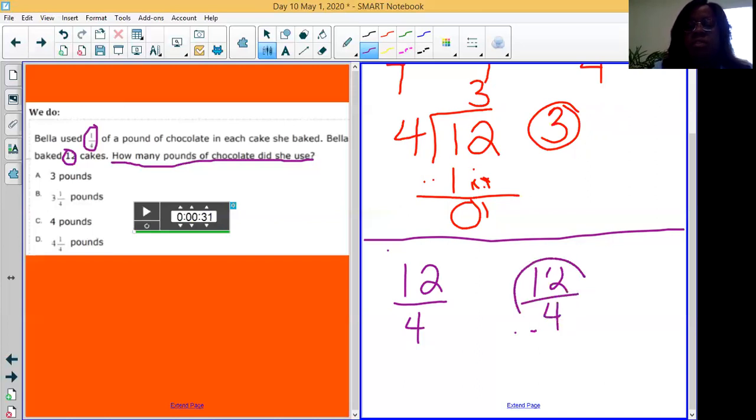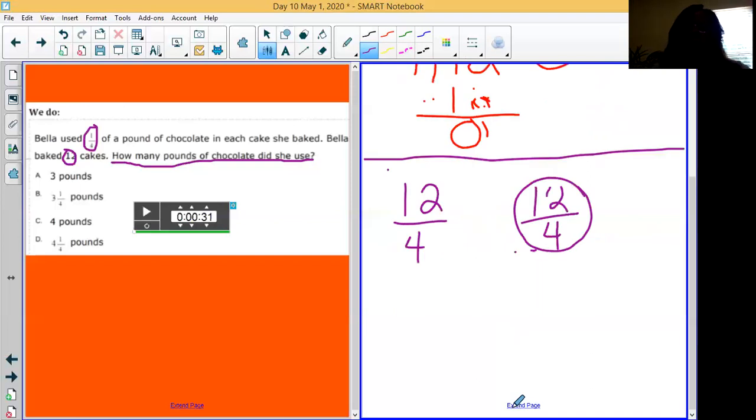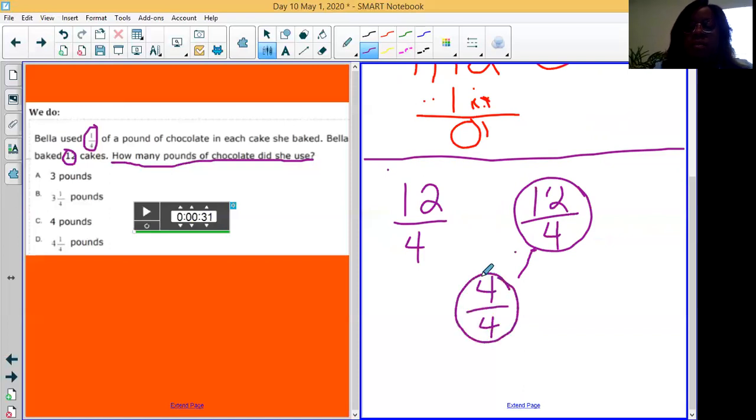We have 12 fourths at the top. And remember, our denominator is 4. So everything must be in fourths. So 4 fourths, that leaves us with 8 fourths. Let's do another 4 fourths. That leaves us with 4 fourths.